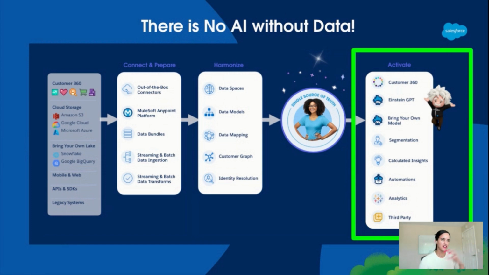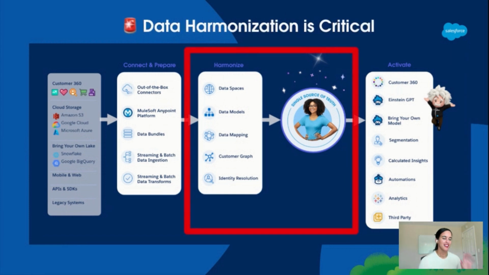The AI can read from that organized, well-managed data. So you can imagine it's going to be way easier to hydrate prompts if the data is harmonized, if it's organized. It's going to be way more effective to get analytics if the data is all mapped and organized. So the key here is that this data harmonization step is absolutely critical. And that's what we're going to talk about today.